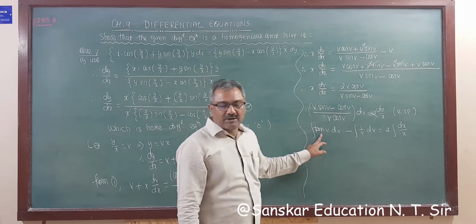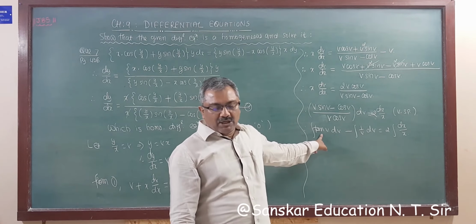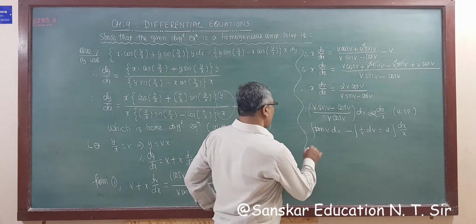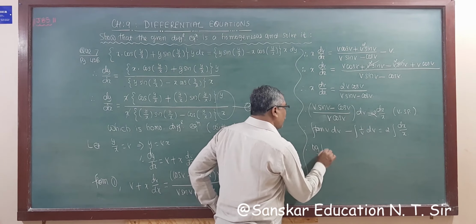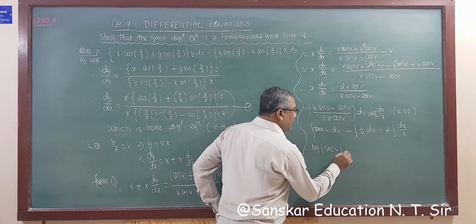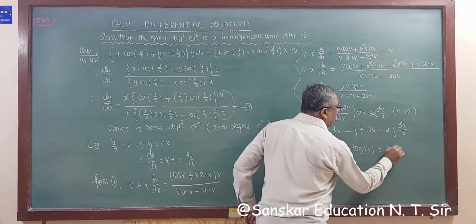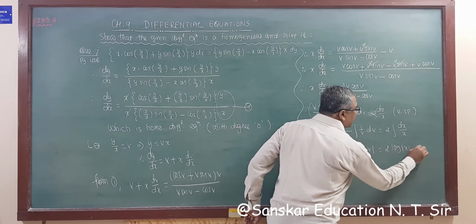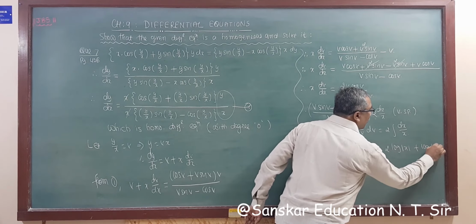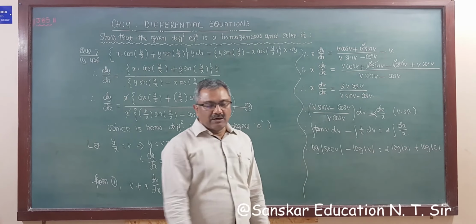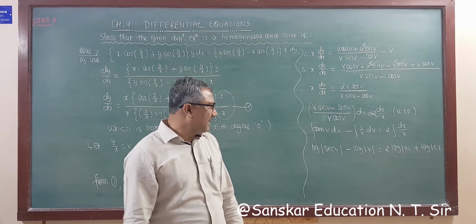Okay, now integration of tan v is log mod sec v. So answer is log mod sec v minus log mod v is equal to 2 times log mod x plus log mod c, right?